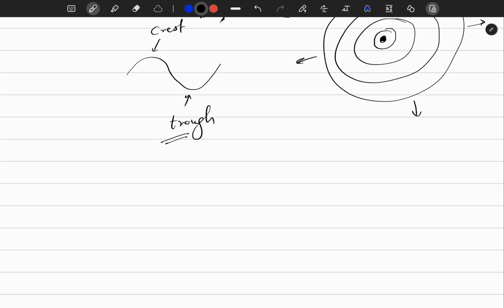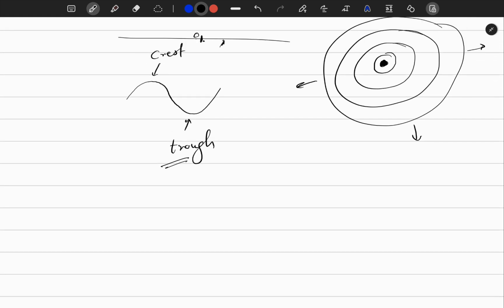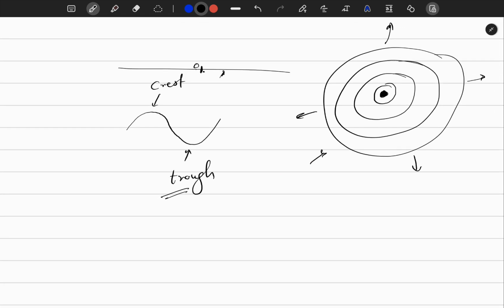As they travel away from the center of the disturbance, these crests and troughs travel away from it. So these waves, that is water waves, are two-dimensional waves.